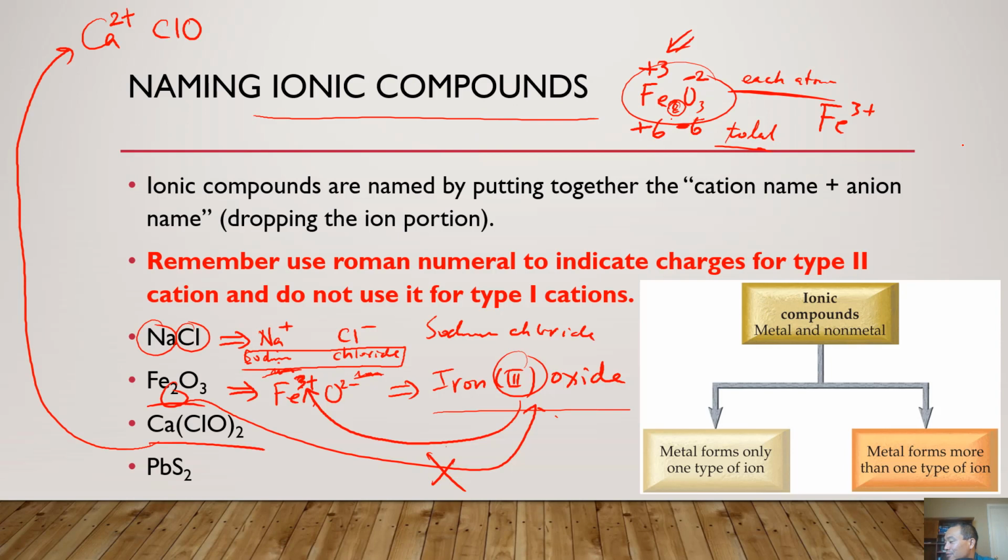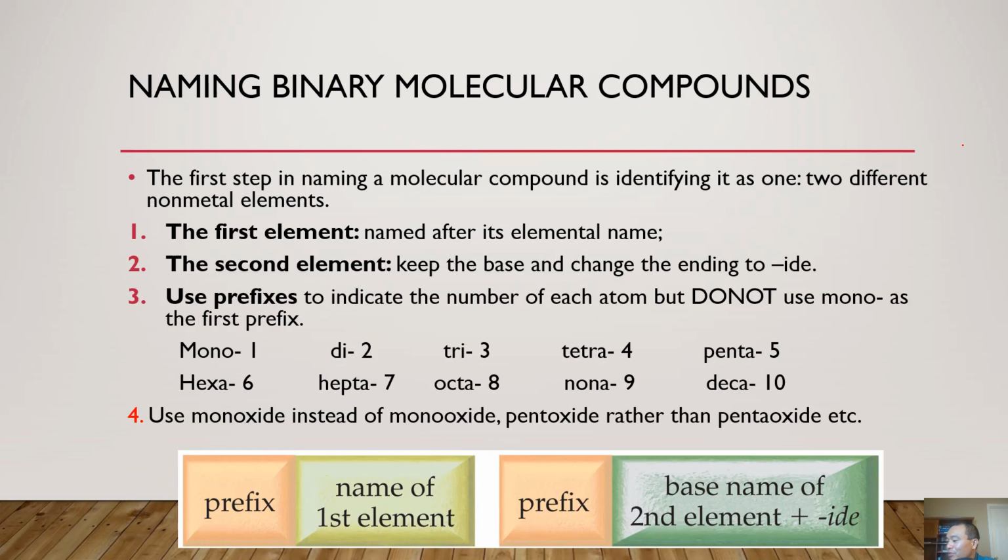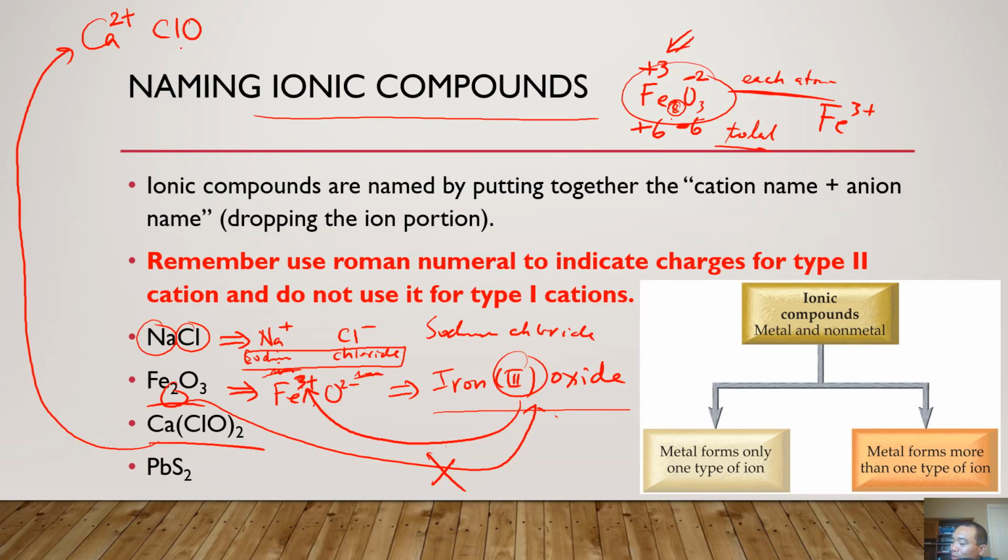So you simply have to memorize that. That's how we know ClO is going to carry 1 negative charge. So you write out the ions. The calcium is called a calcium ion. Again, when you name the ionic compound, you drop the ion portion, so it becomes calcium. And the next one, polyatomic, that's called hypochlorite.